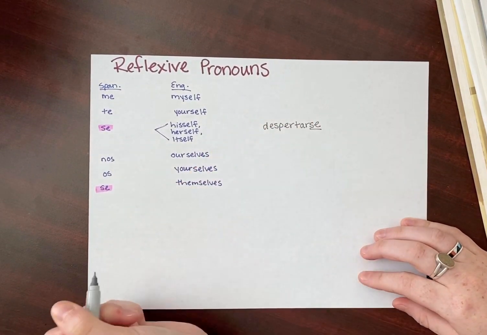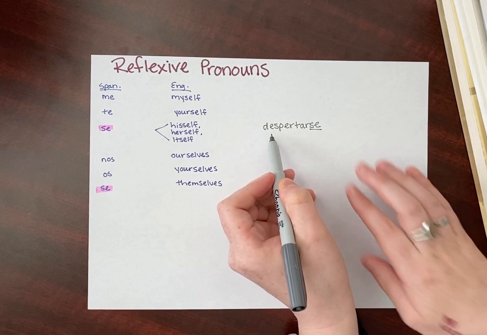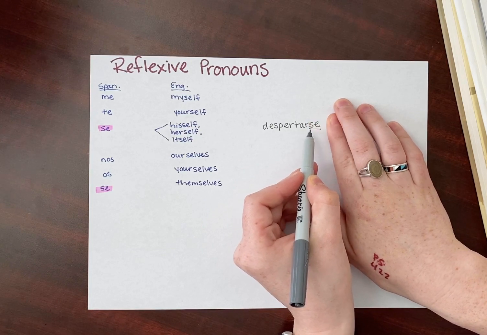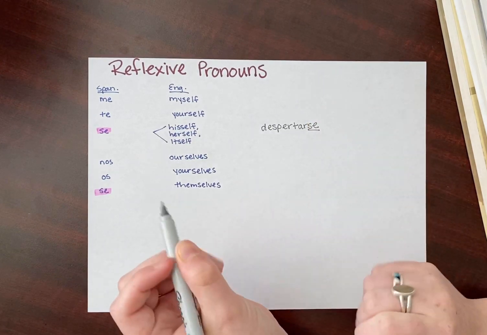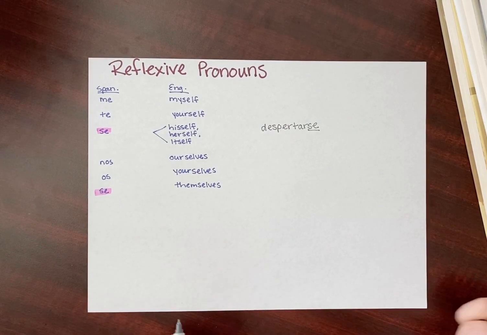This shows that this is a reflexive verb. So you just take the infinitive of the verb and then you add se to make it reflexive in its infinitive form.